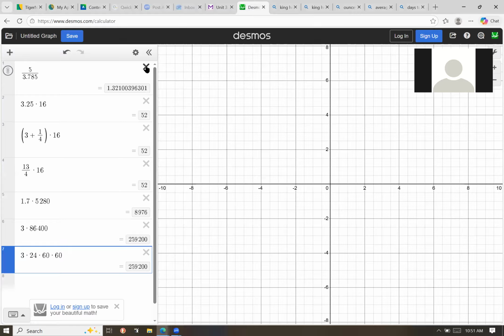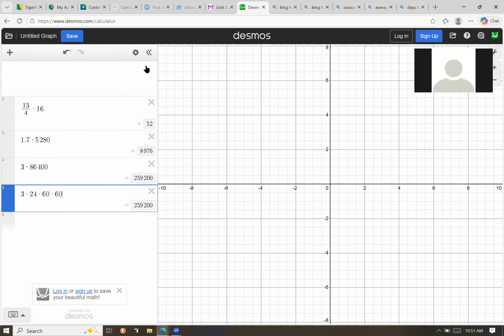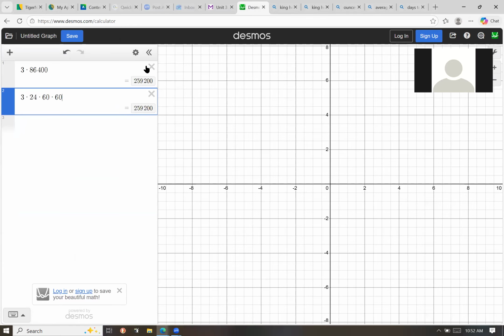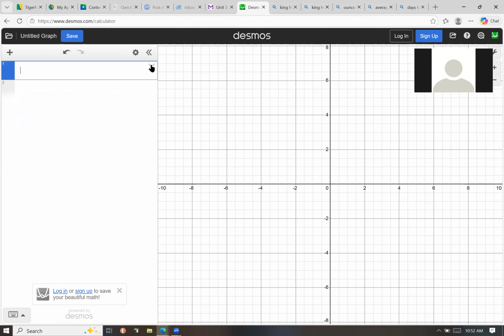So we go into Desmos here. We'll start with a 1 cup. Actually, we'll just go with the quart. We have a quart jar right here.